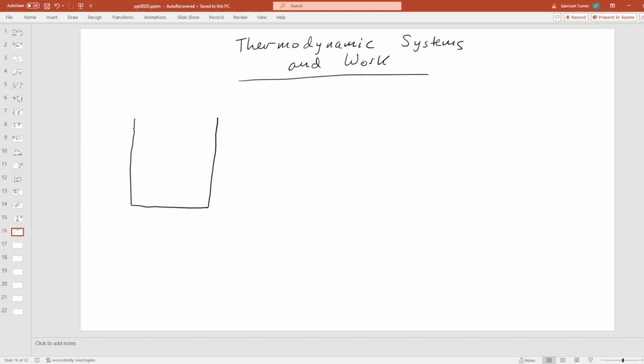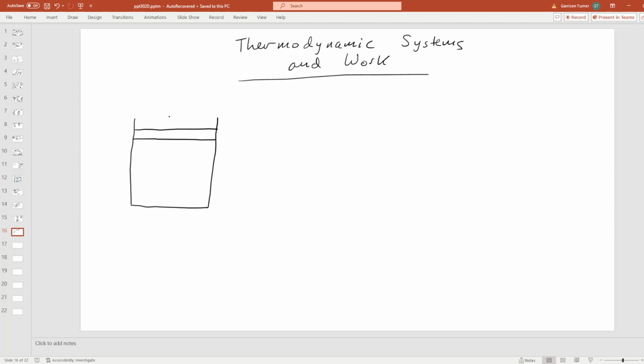What we mean by that is any system where we're interested in things like the temperature, pressure, volume, internal energy, the work done either by the system or on the system, or something like this.